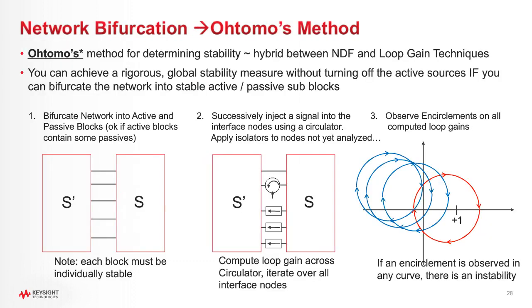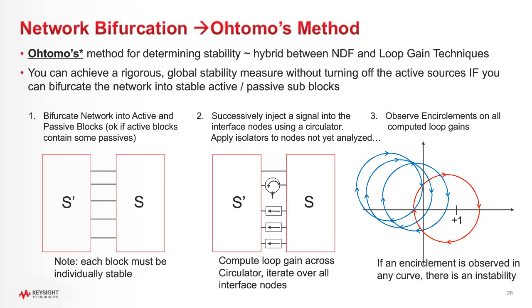There's another method that I wanted to talk about. I haven't covered this too much in a lot of my prior presentations, but this is something I've recently been introduced to by Dr. Winslow, and it's kind of an exciting thing, which is this concept of network bifurcation. So, again, it's all about getting a stable piece of the network that we can analyze.